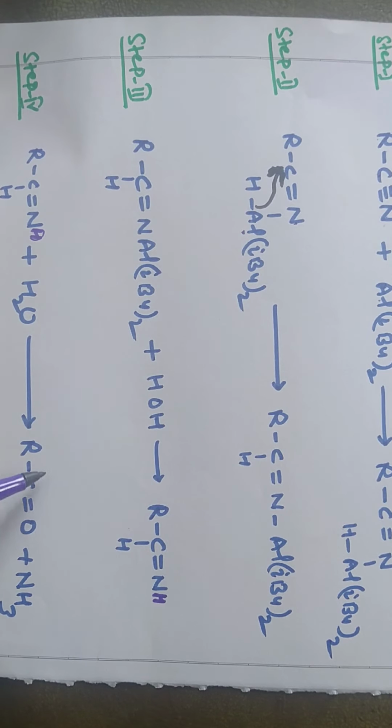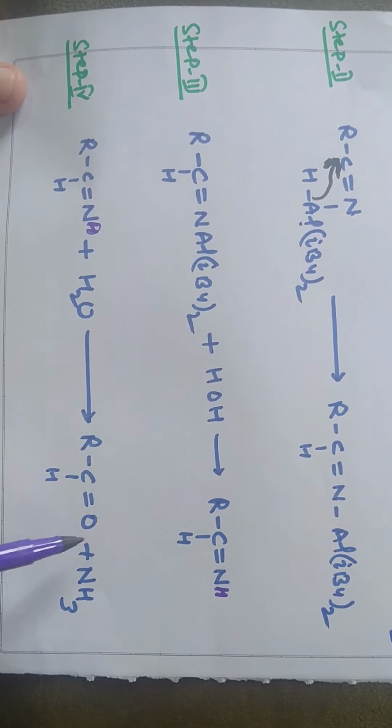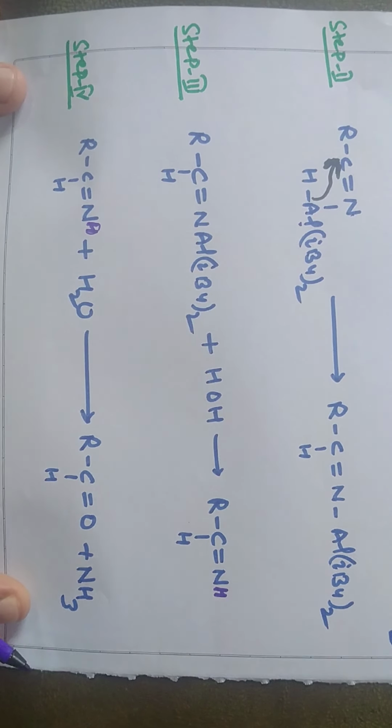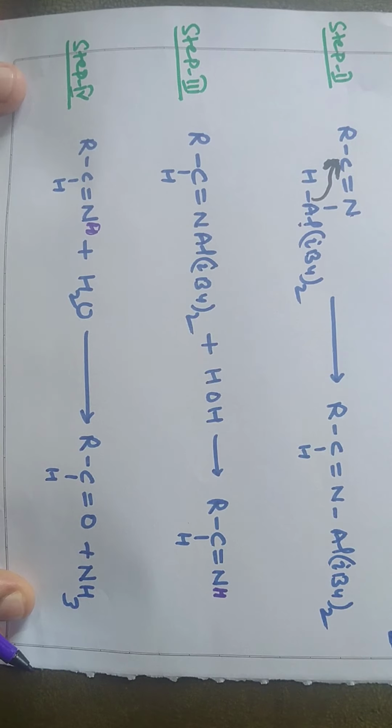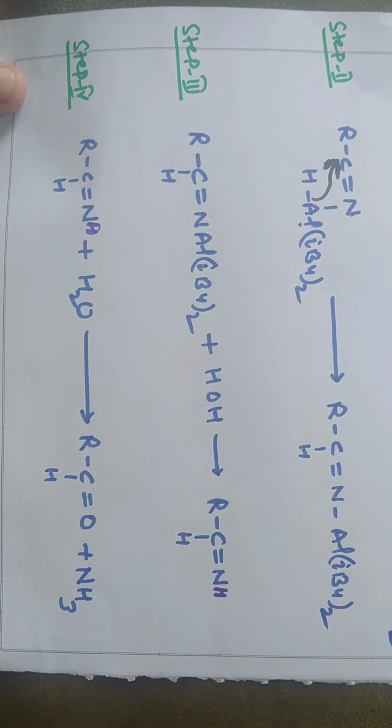As a result, an aldehyde is formed. You can see that an aldehyde is formed here. So we have discussed the mechanism. I hope you understood well. Thank you very much.